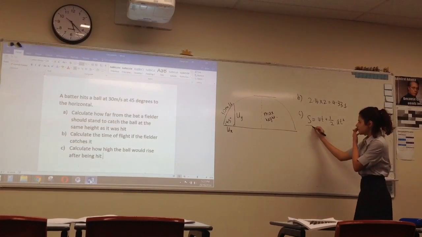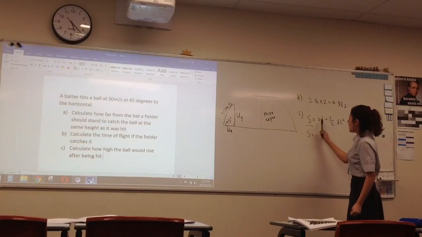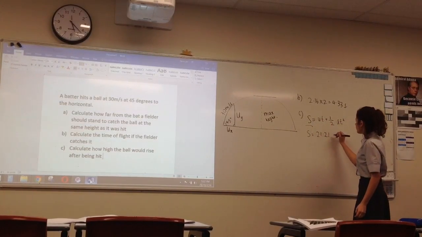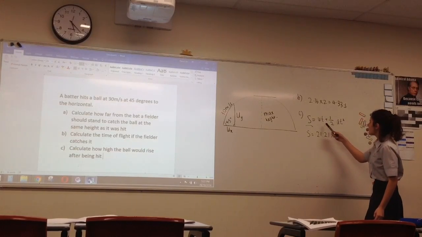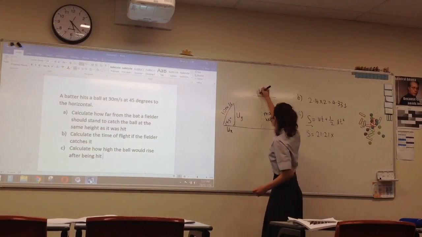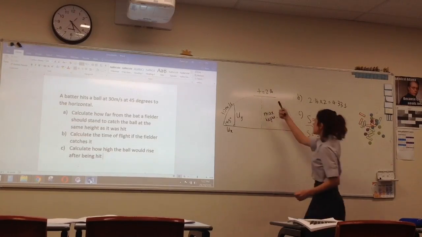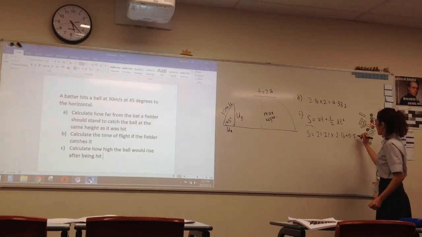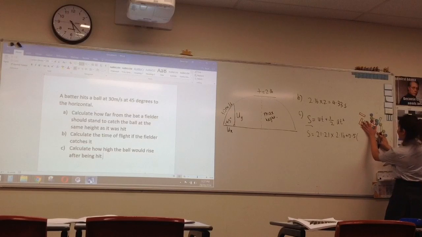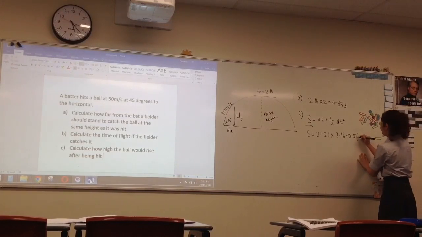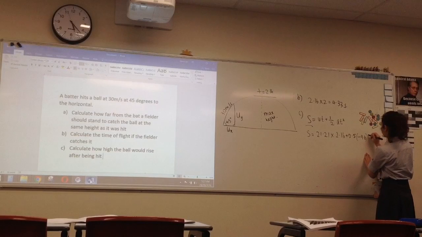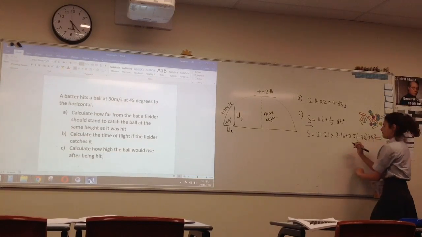So we're solving for S. So we have S equals, our u was our uy, and that was 21.21 times t, so t over here was 2.16, so we sub in that, plus minus 9.8 because of gravity, and then t, we already have t, yeah, so 2.16 squared.